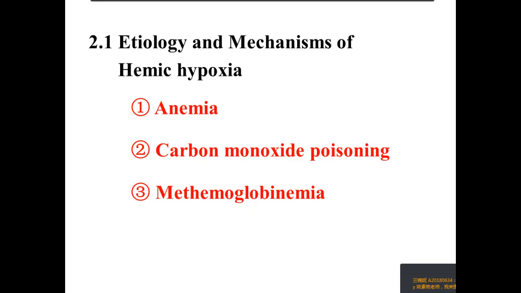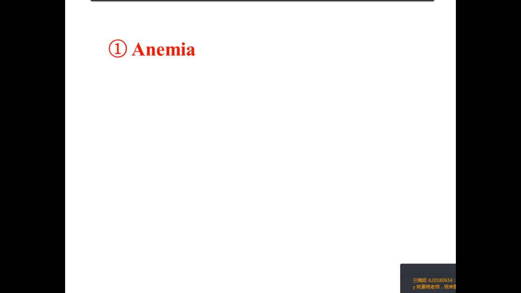Now it includes three. Remember the pathogenesis of how carbon monoxide poisoning and methemoglobinemia lead to hypoxia. First, anemia, very easy. Anemia refers to altered concentration or quality.